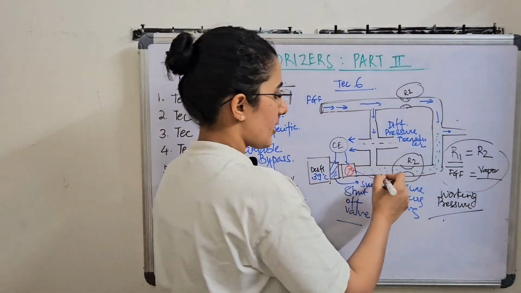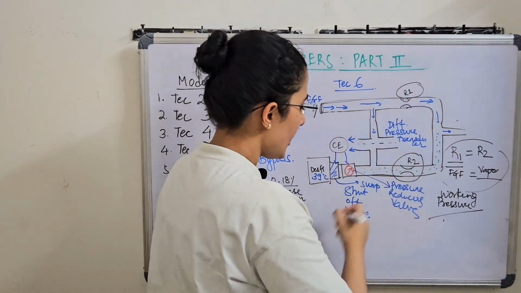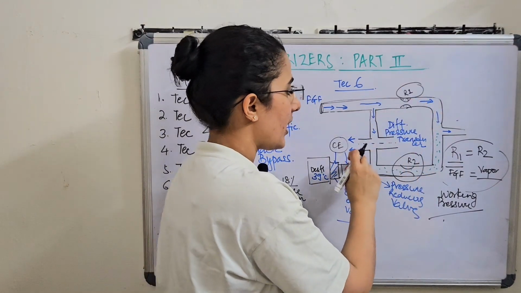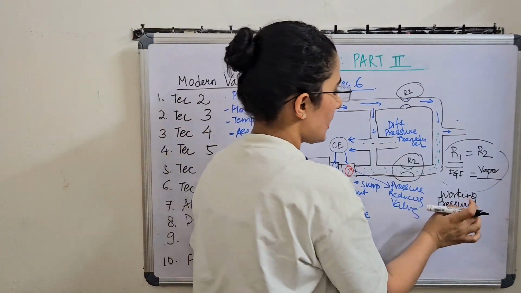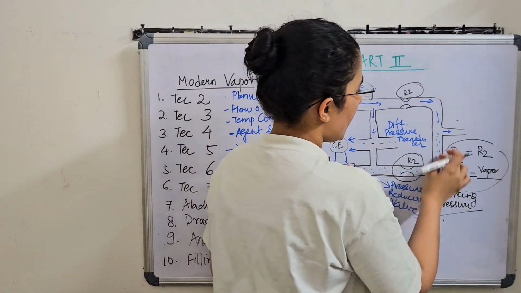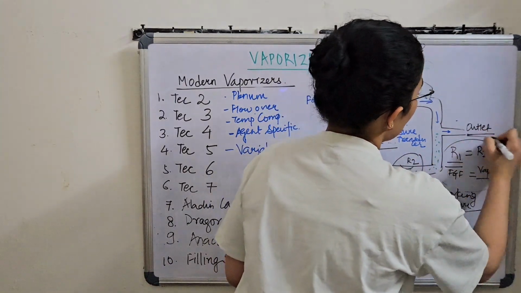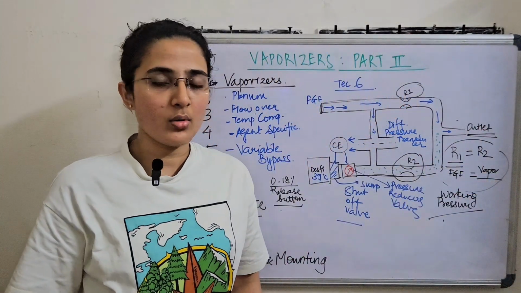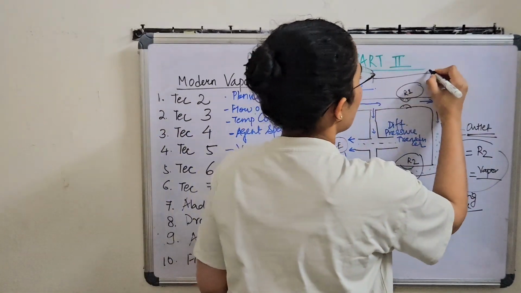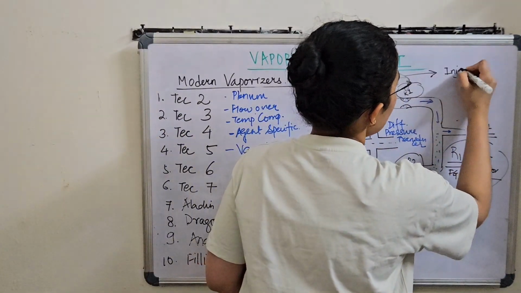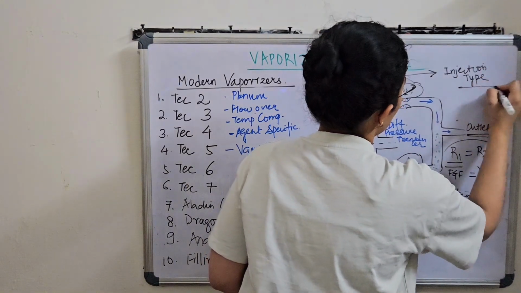If the pressure on that side is very high, the pressure reducing valve will manage it accordingly. Hence there will be an outlet where the output vapor concentration goes. So in a way, the Tec 6 vaporizer acts like an injection type of vaporizer.